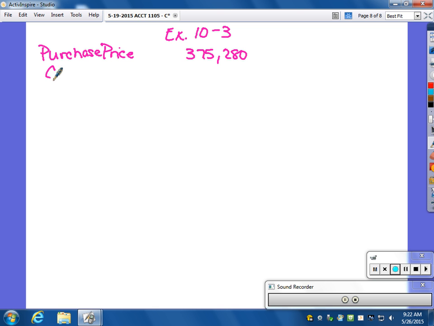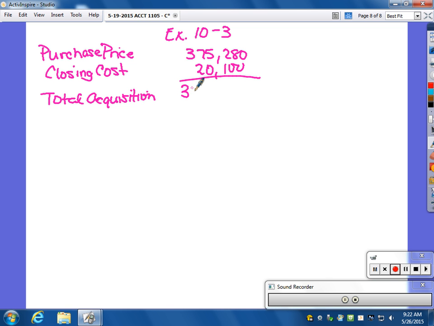And what were the closing costs? $20,100. So that means we have a total acquisition cost of how much? $395,380. Good.